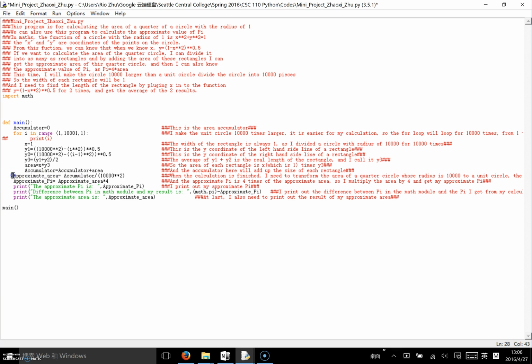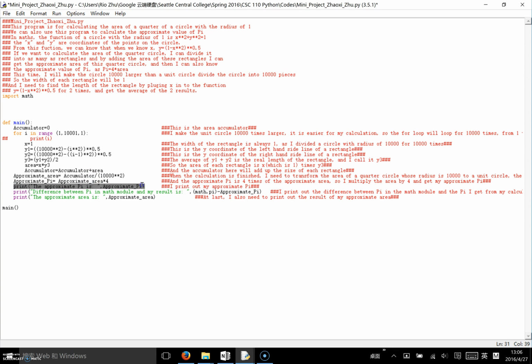So the approximate area is the accumulator divided by 10,000 squared, and then the approximate pi will be the area times 4.